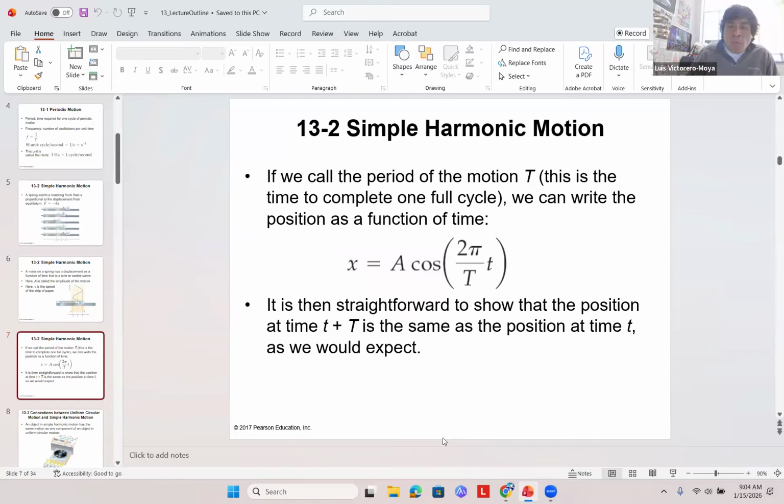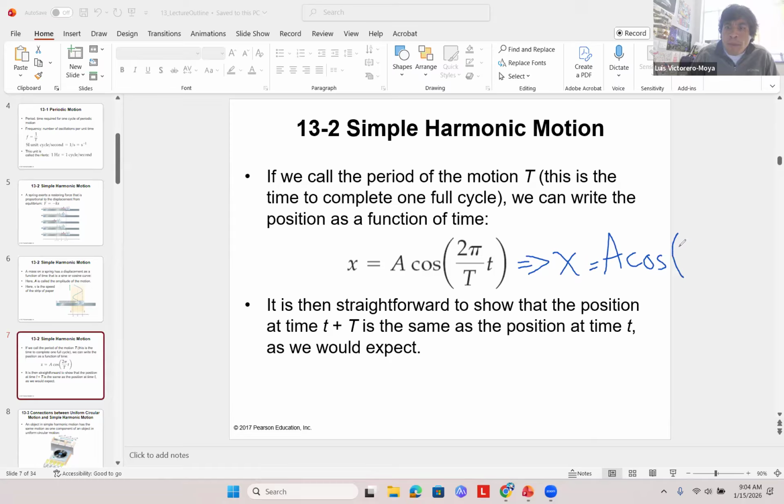Which is why in some textbooks, you're going to find the following. You're going to do it like this: x equals A cosine, let's use cosine still, of omega t.